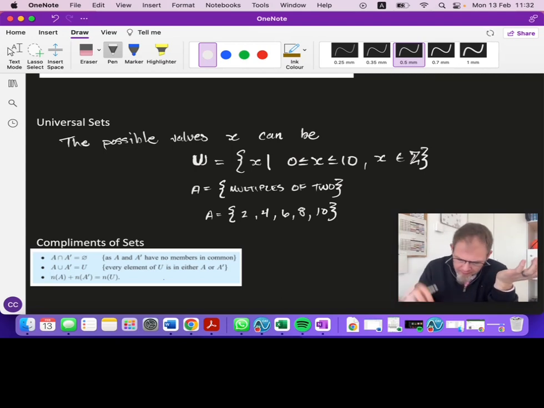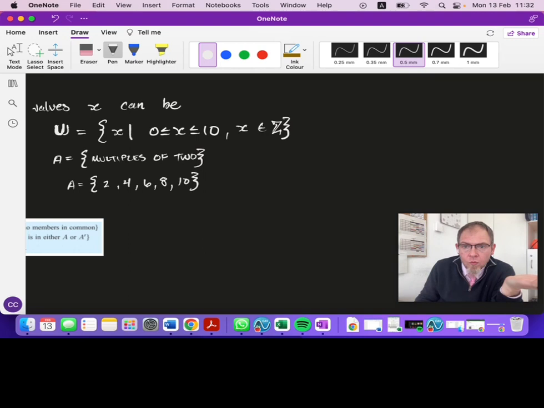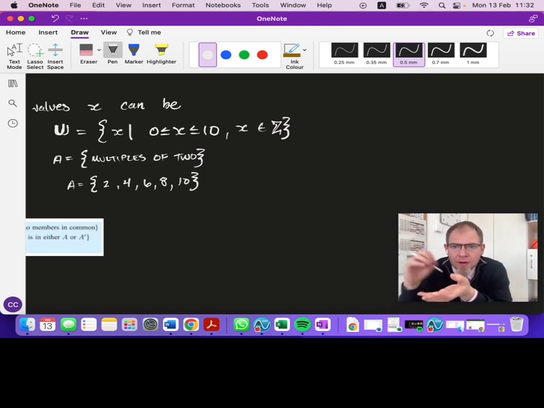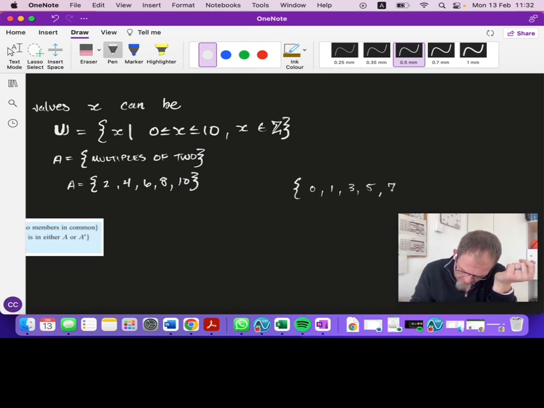Now, what's left in the set? If I plucked out those 5 numbers, what would be left? The set of values left would be 0, 1, 3, 5, 7, and 9.